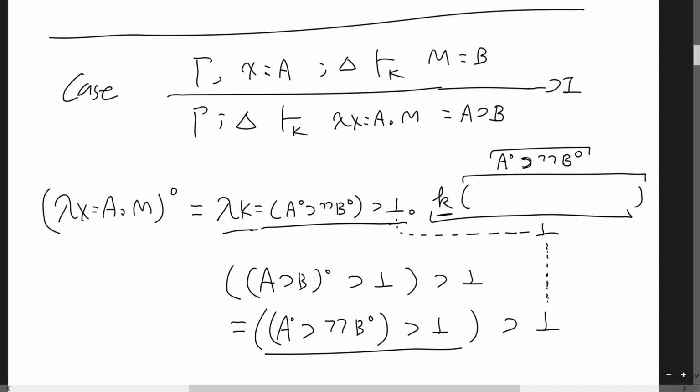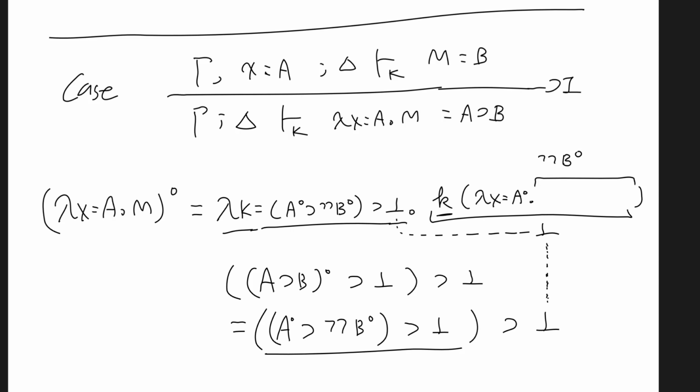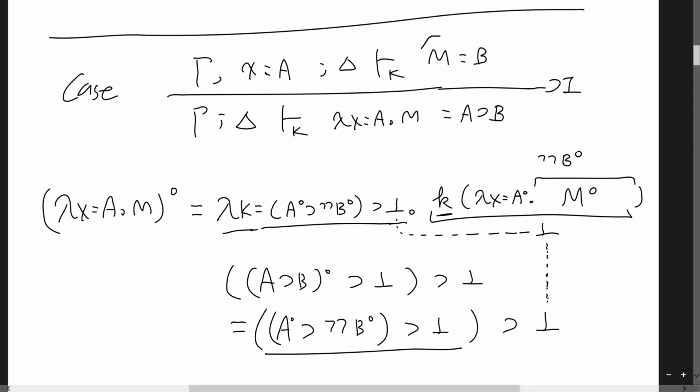So let's say this is lambda x A circle, and now you have to find a proof term of double negation B circle. But that's precisely the translation of M circle under this extended typing context.